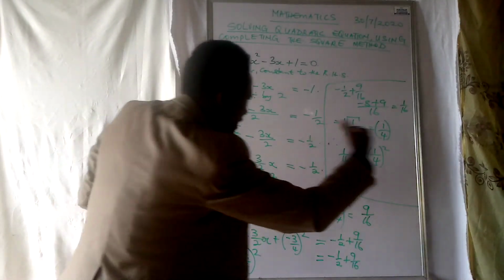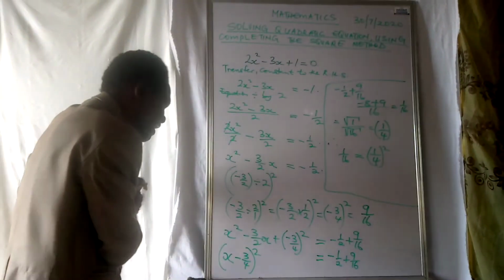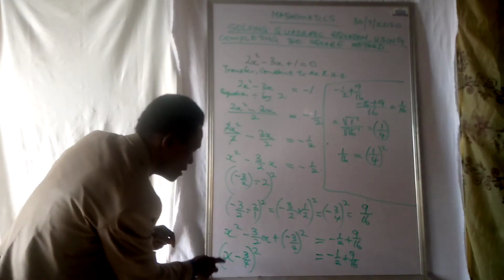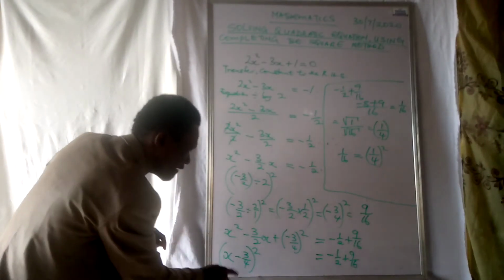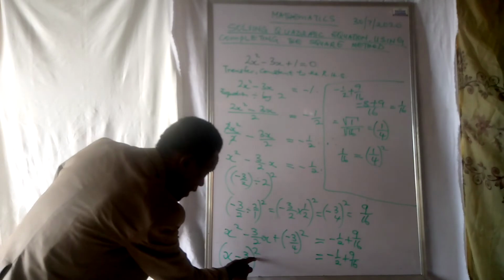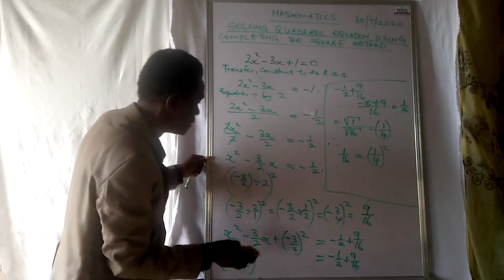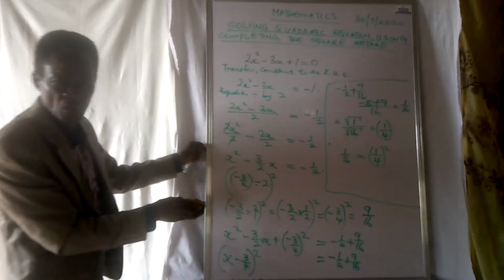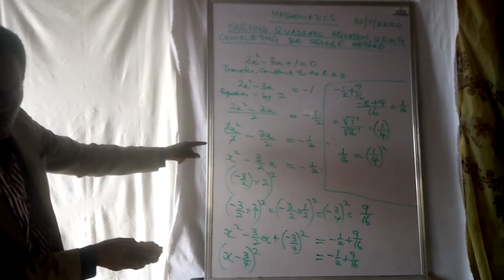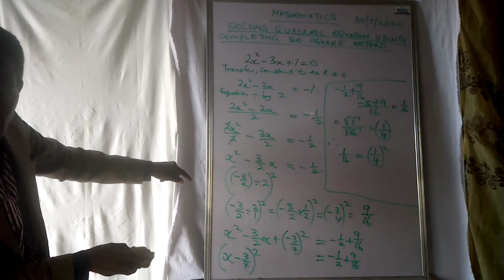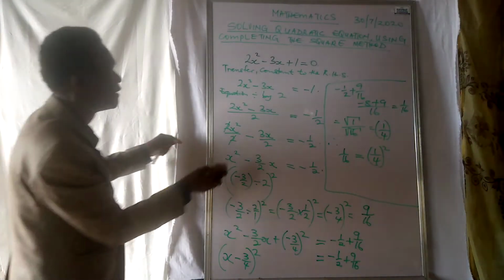Then this one is the right hand side now. At the left hand side, this is what we have now: (x minus 3 over 4) squared is equal to (1 over 4) all squared. Is it clean here? Yes, it's clean.